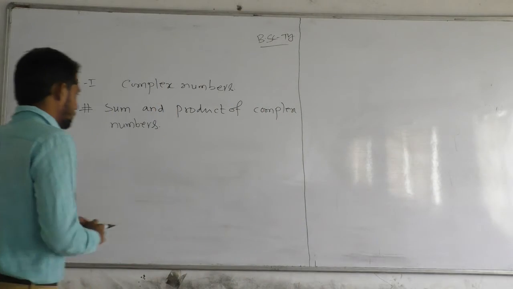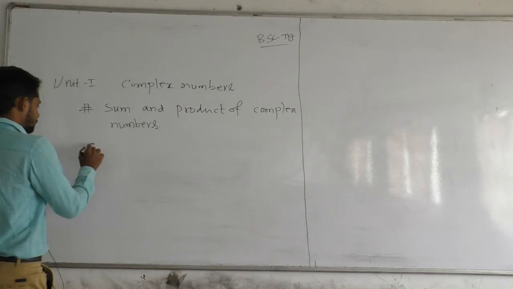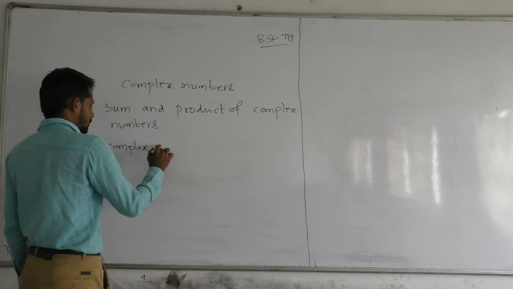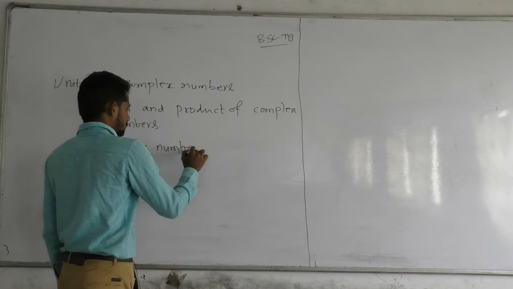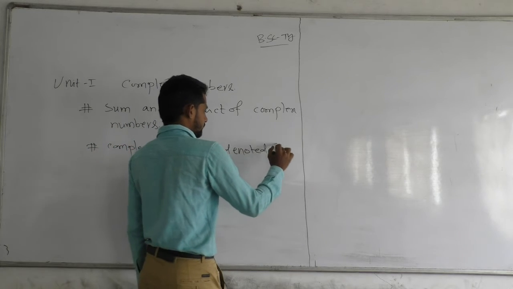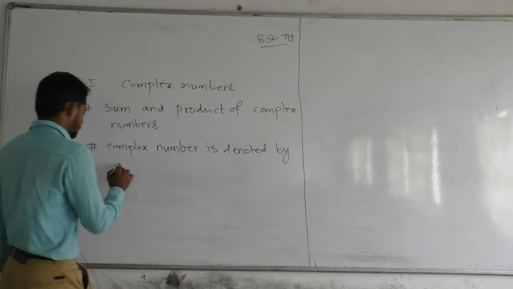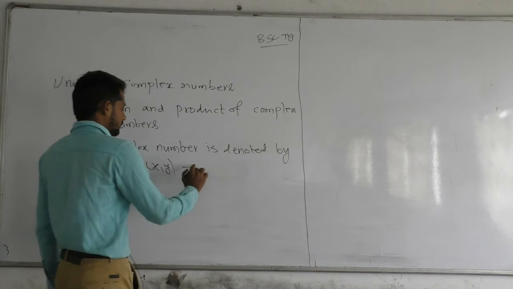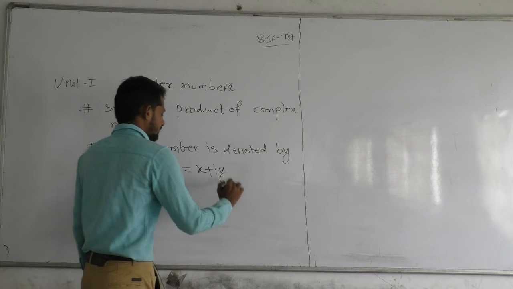Generally, a complex number is denoted by z is equal to the tuple x comma y, which is equal to x plus iy.